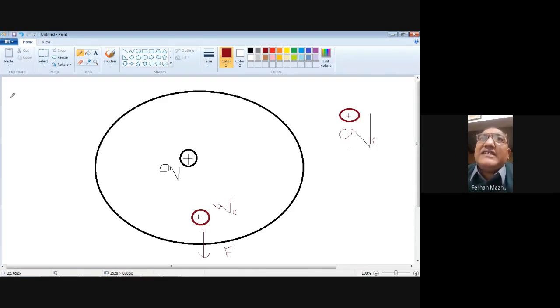And the intensity of the electric field can be calculated by the formula: the force experienced divided by the amount of the test charge, Q naught.